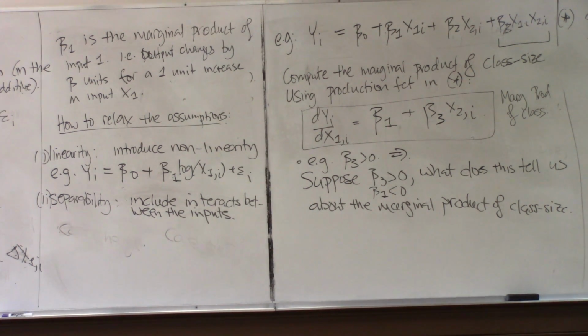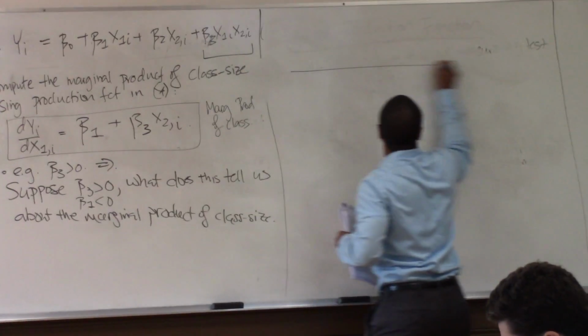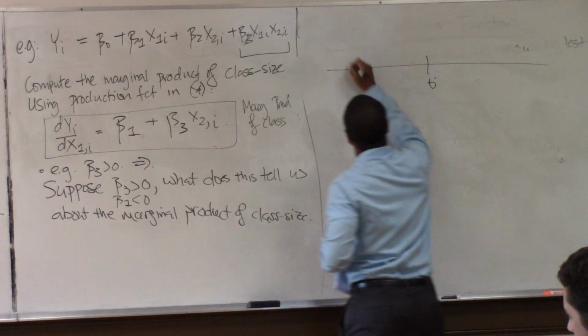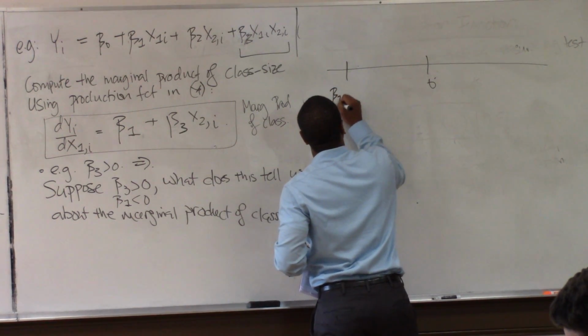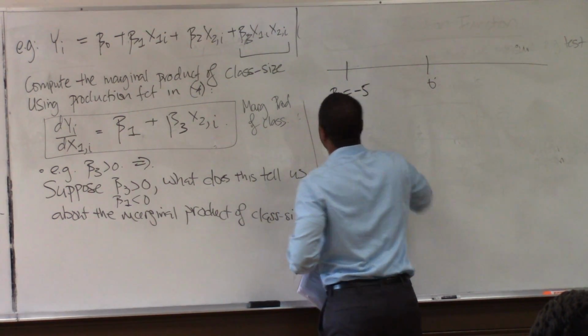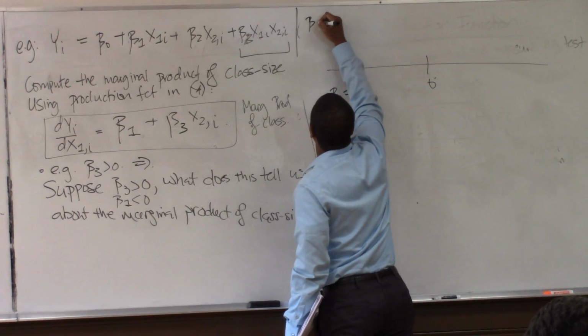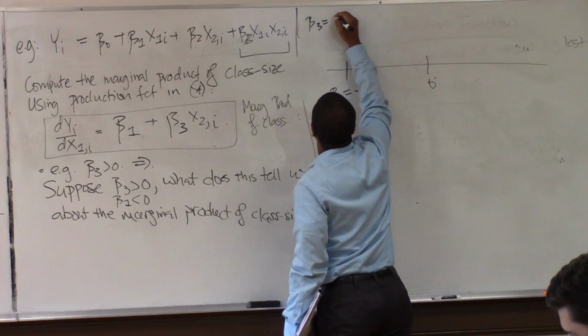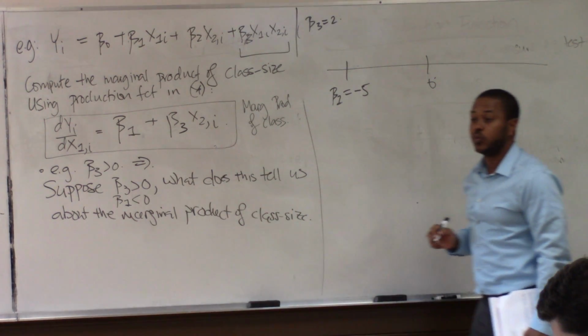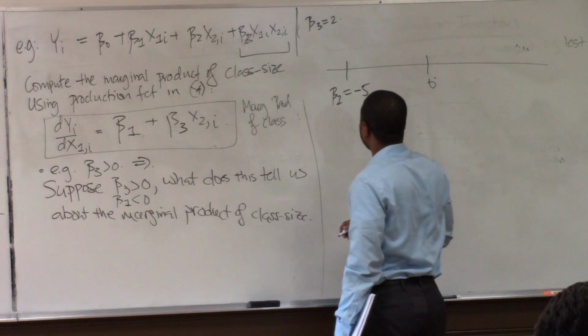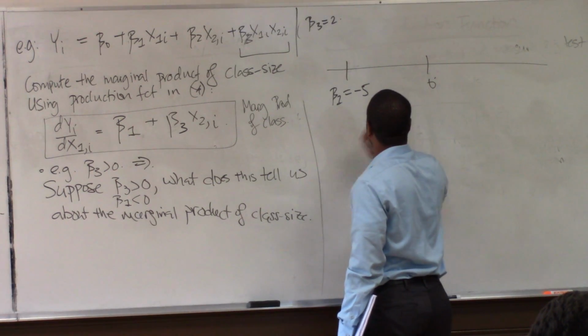and if this is confusing to you, please go through it in your groups. So imagine that this is 0 here, right? This is beta 1 equals minus 5, right? Now let's say beta 3 is equal to 2, right? So this is beta 1.